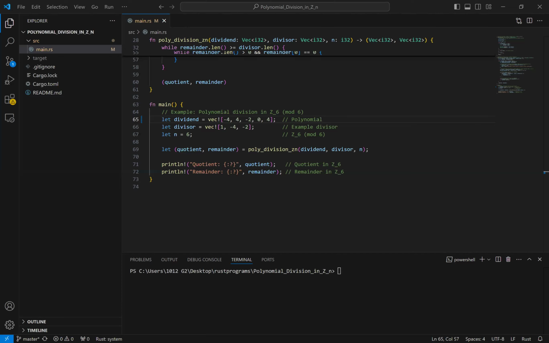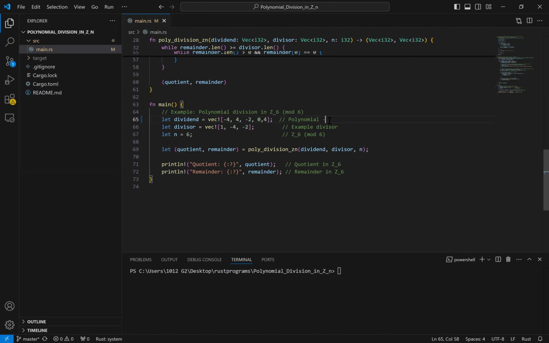But it's just the same thing as we did earlier. This polynomial, the first term is -4. So you see this is a constant. Then x raised to 1. So this is 0. Then there's a 4 here. So this is the constant term. Then the one with x raised to 2, x raised to 3, then x raised to 4.